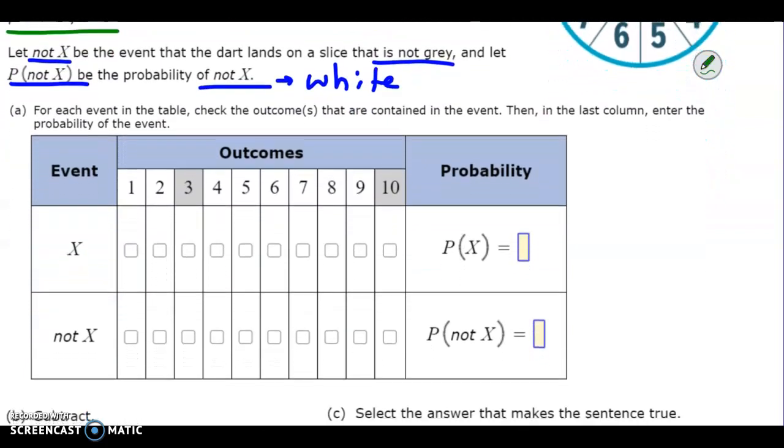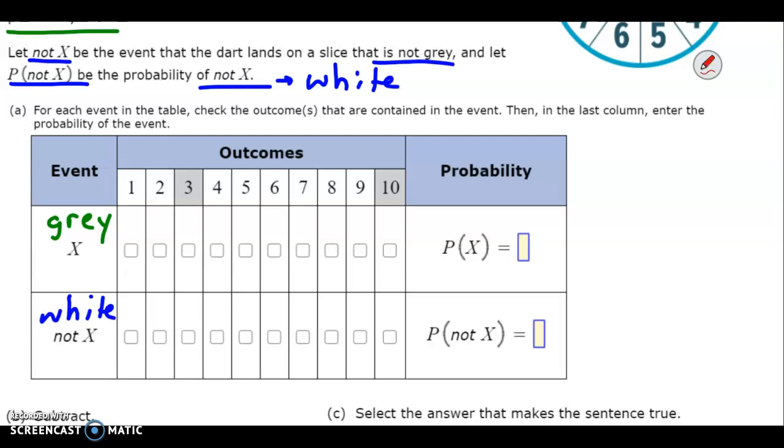So X is gray, not X is white. So what this outcome box is pretty much then is they're just saying, hey, here's 10 darts we tossed, and the color of the number is what color it landed on. So you're just checking whether it landed gray or white.